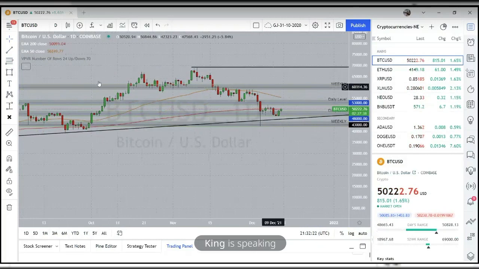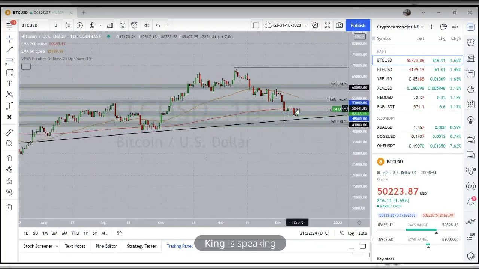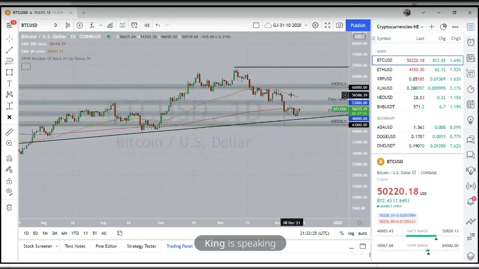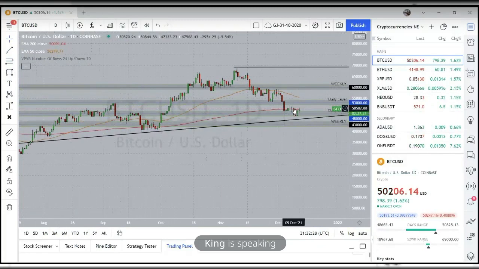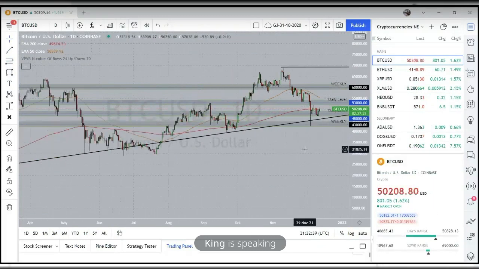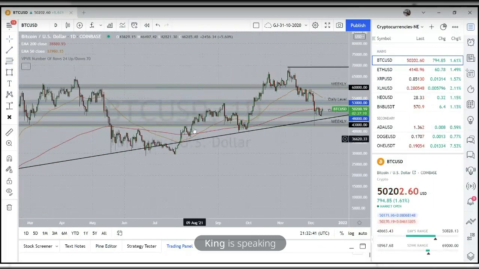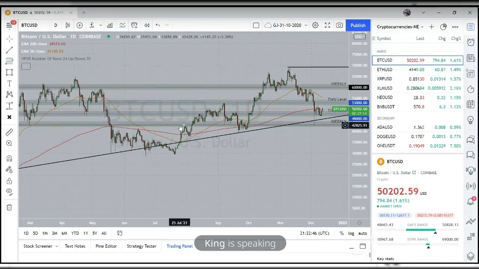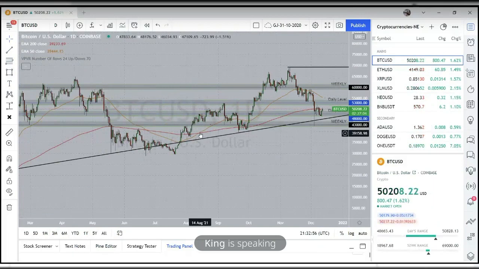So if this orange line, which is the 50 EMA, and this red line is the 200 EMA, if the 50 EMA gets back down here, it's what they call a death cross, which is not good. It usually signals further downside, as when it goes above the 200 EMA, it's called the golden cross, and it usually signals further upside.